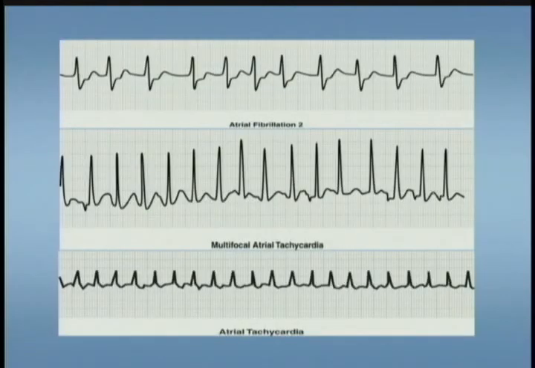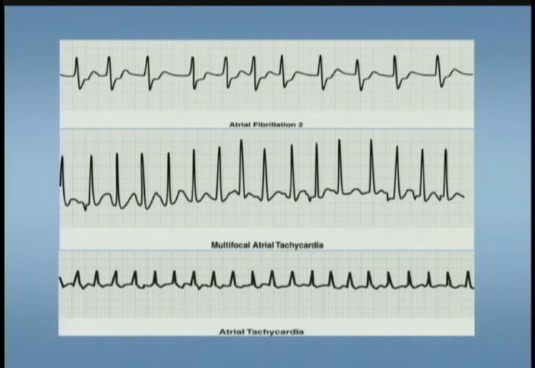So here are some typical palpitations, some fast heart rates. The top line is atrial fibrillation, the irregular pattern. The QRSs can be narrow, right? Or the QRSs could be wide. We call that aberrancy, wide QRSs. Okay?